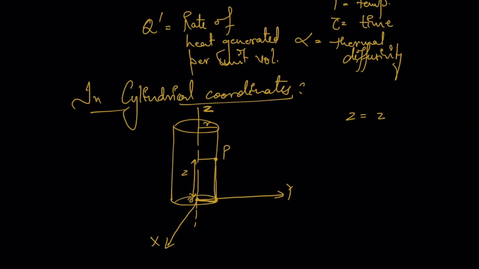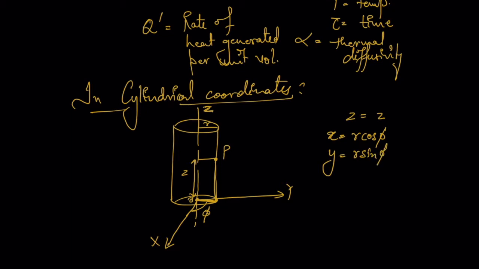Suppose this r is making an angle phi from the x-axis, so we can write the x coordinate as r cos phi, and y is equal to r sine phi. This is the y component.